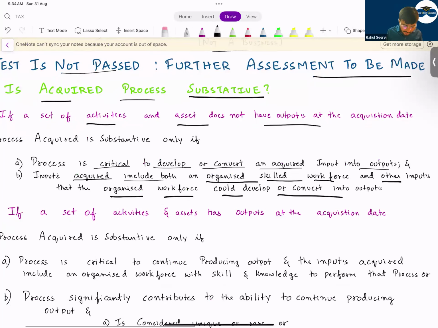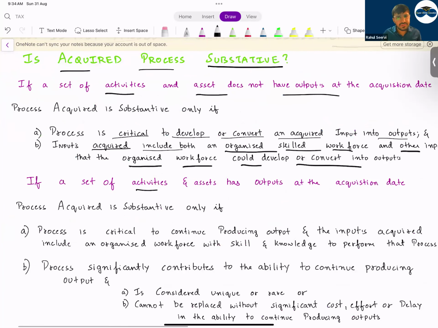If a set of activities and assets has output at the acquisition date, today you acquire a company and output is there, okay, no issues. But the output which you're generating should continue for the foreseeable future, and the input and the process which you have should also be strong enough so that they continue to produce output in the coming years.